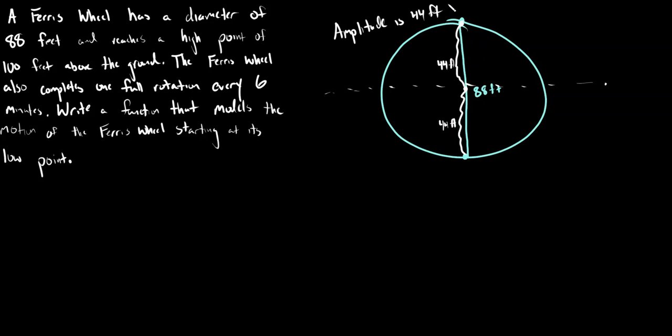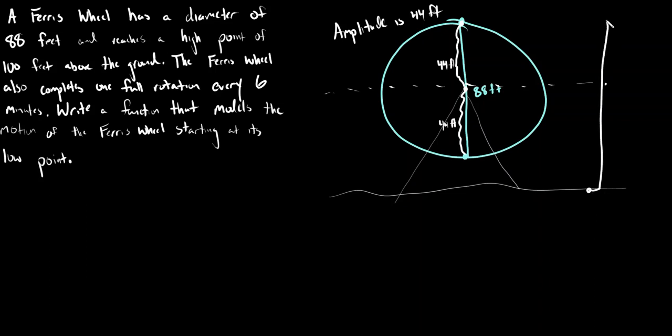I'll go ahead and graph the situation. We could do it that way as well. Another thing I know is that from the low point, so I'm going to say this is the ground. I think that's how Ferris wheels look, whatever. From the ground to the high point is 100 feet above the ground. So I know that it has a max of 100 feet.